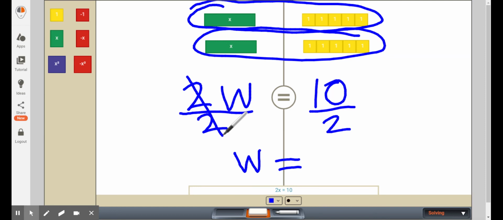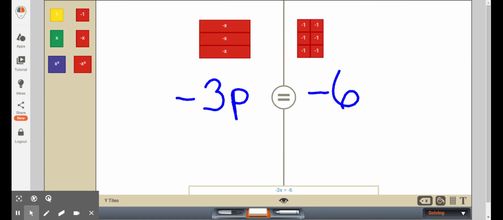The 2 divided by 2 just becomes down to one group, or 1w, and then we can see that each one is equal to 5. So that value where w equals 5, you put it back in there as the input. 2 times 5 does equal 10, so that checks out.